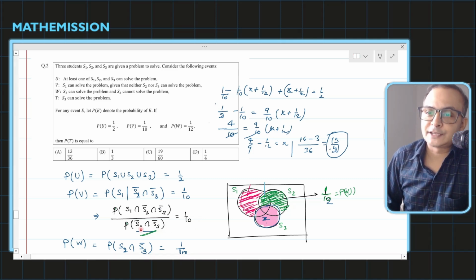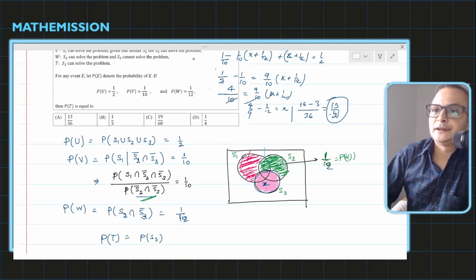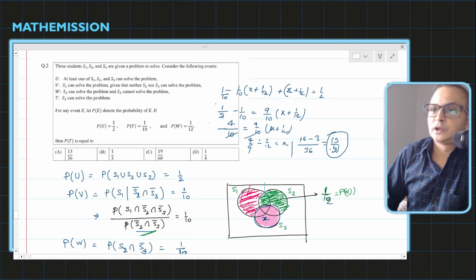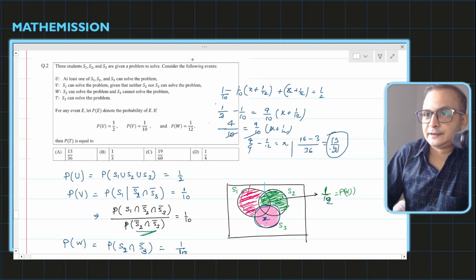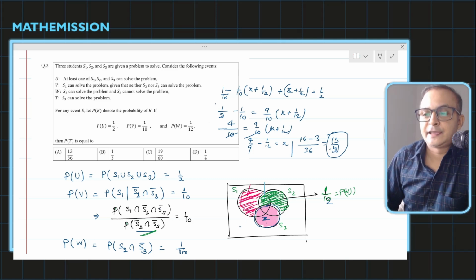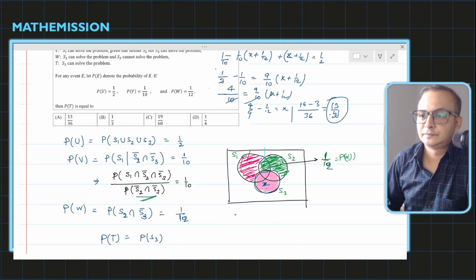Now what is S2 dash intersection S3 dash? Can we write it as 1 minus the probability of S2 union S3?